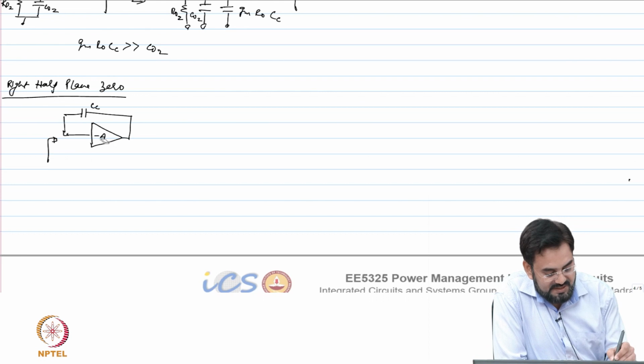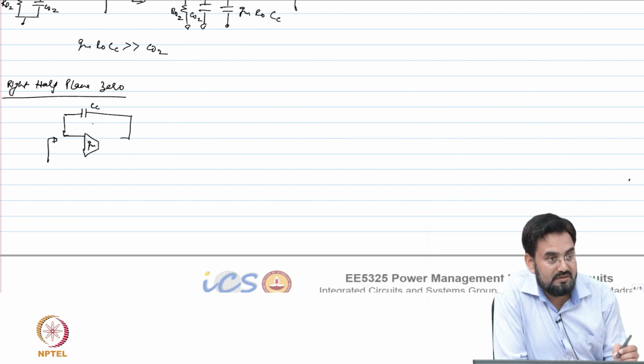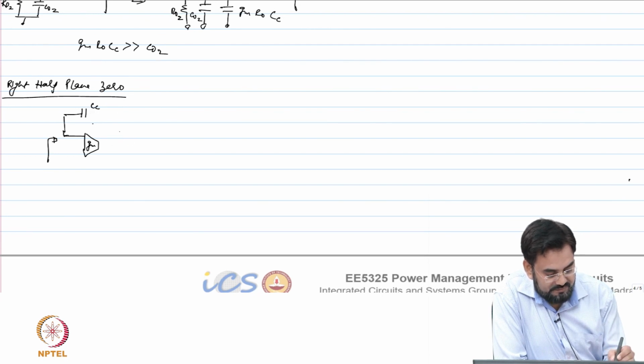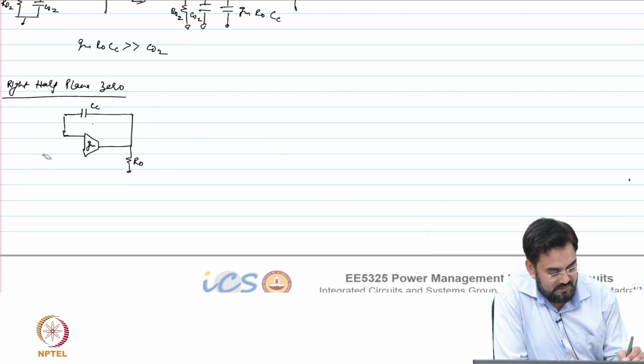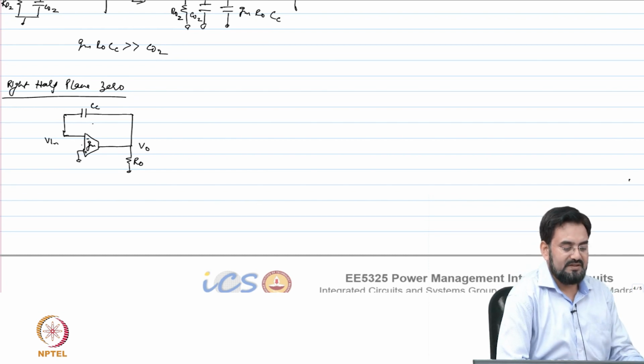But when you change this to a real amplifier, which is nothing but your GM R out, and since we are interested in the transfer function, so now just find V out by V in for this.